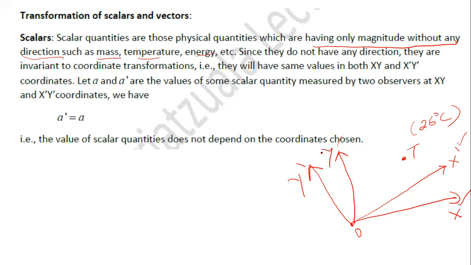Whether you measure it from primed or unprimed, you will get the same value, isn't it? So therefore, we see that if I have any physical quantity that is a scalar, then under the coordinate transformation from primed to unprimed, the physical quantity does not change. The physical quantity does not change under coordinate transformation if that physical quantity is a scalar quantity.